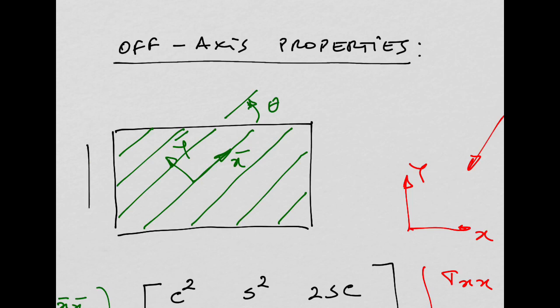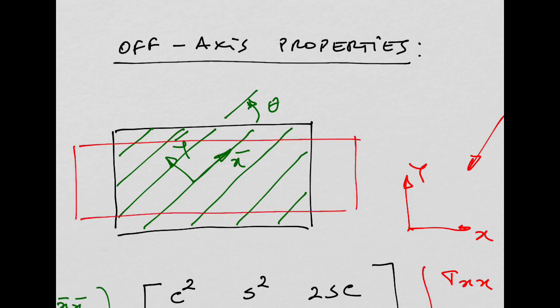If I stretch the lamina in the x direction, of course I'm exaggerating here. Imagine I'm imposing a strain in the x direction, right? So I want to know what is the stress that results from this stretch.